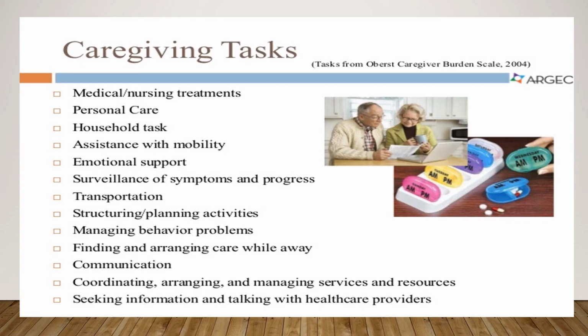These include personal care, household tasks, emotional support, transportation, finding and arranging care while away, and having good communication with the elderly, like reading with him or going to the theater with him, and other recreational activities. He should also seek information and talk with healthcare providers, so that he can act in a more professional way and be highly educated about the different tasks, options, and duties that he must be aware of.